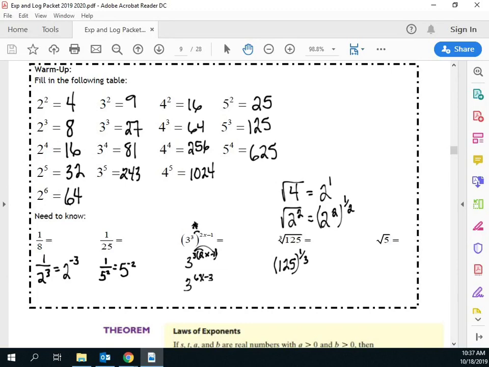Square root, cube root, 4th root, 5th root, 6th root, those are all 1/2, 1/3, 1/4, 1/5, right? As you can tell, square root was 1/2, cube root was 1/3. Can we rewrite 125? If you look up at the box you did earlier, is there a 125 that you wrote in the box? 5 to the what? 3rd power? What do we see happens here, guys?